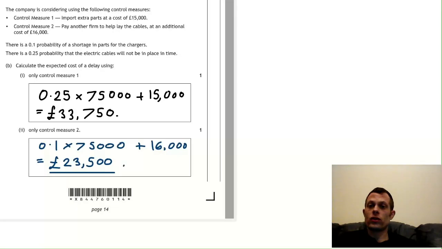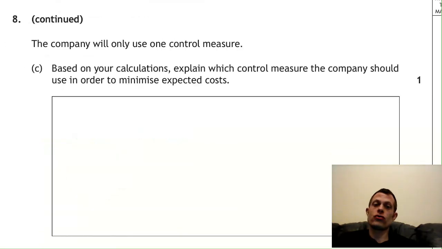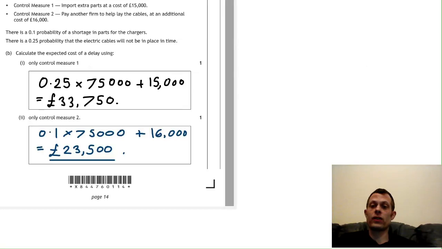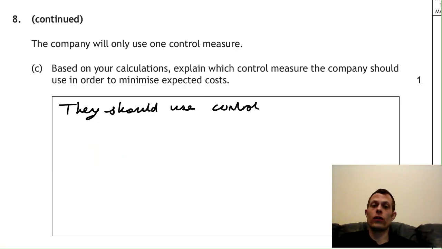So question C, which control measure should they take? They've simplified it for us because they're only going to take one control measure. We don't need to look at the cost of taking both control measures. So simple question, which number is smaller? And the expected cost is smaller for control measure 2.